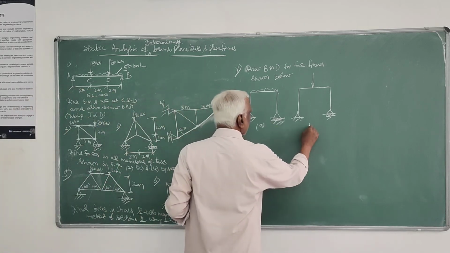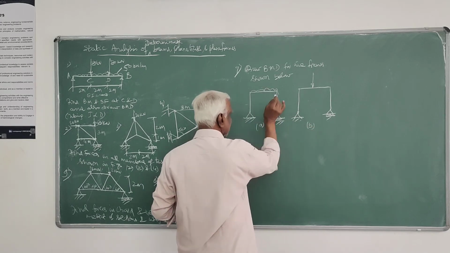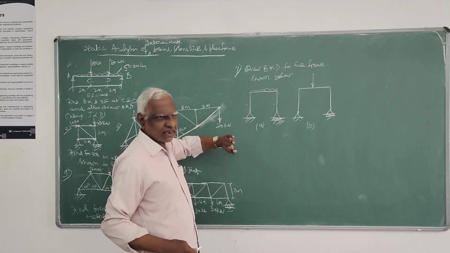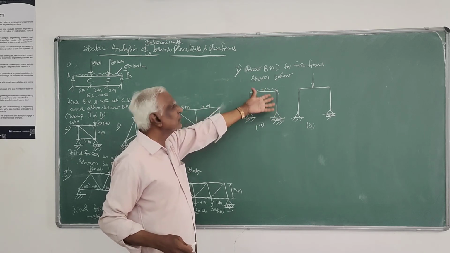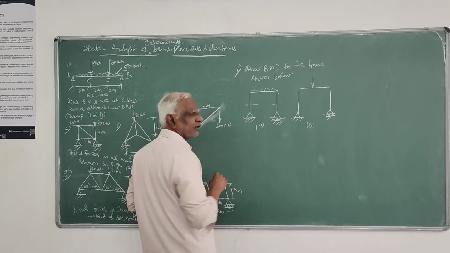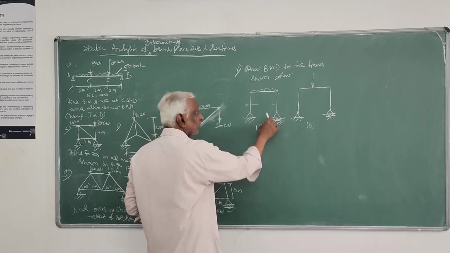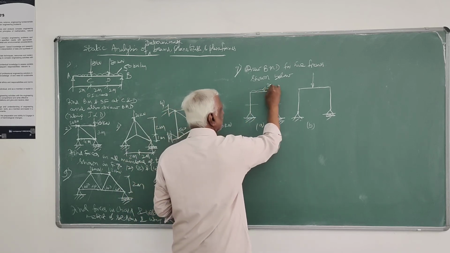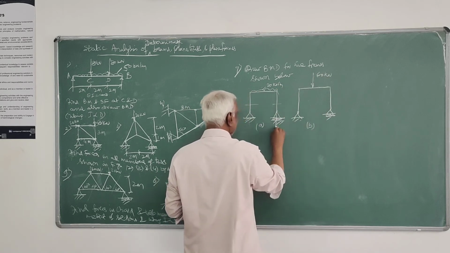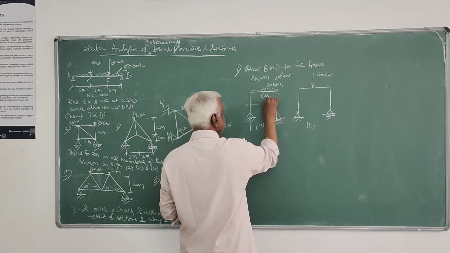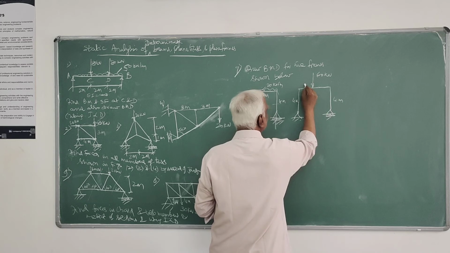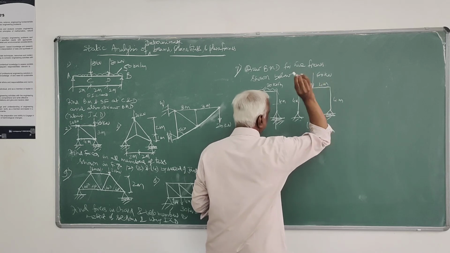So you can take a number of sections here, 3 sections in each of the members, take free body diagram on one side and find out the bending moment about that section, draw the bending moment diagram. In this too, because I have given only vertical load, you will get reactions only vertical. The span can take 6 meters, height 4 meters, here also 4 meters, 4 meters, 2 meters, 4 meters.